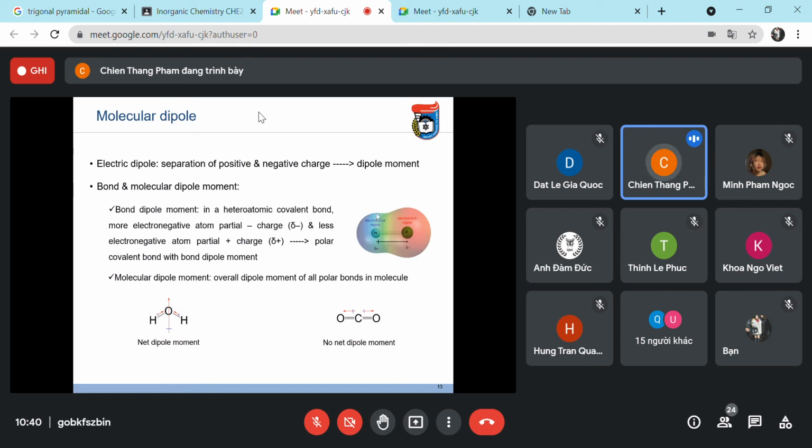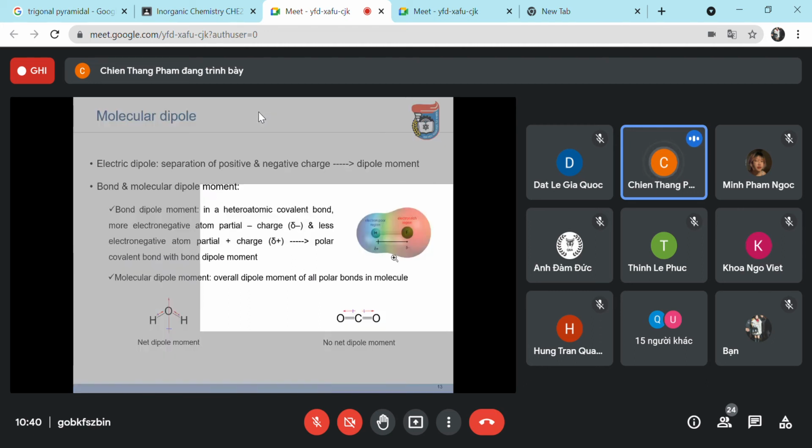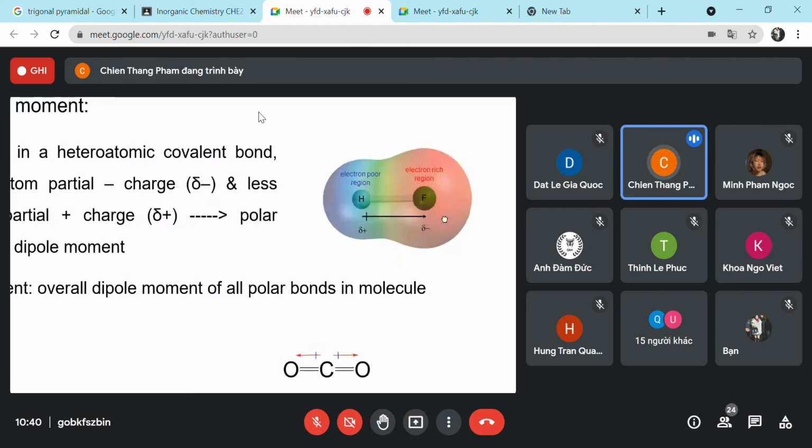Because fluorine is the most electronegative, it attracts the shared electron pair to itself. It means that the region surrounding the fluorine atom is an electron-rich region.